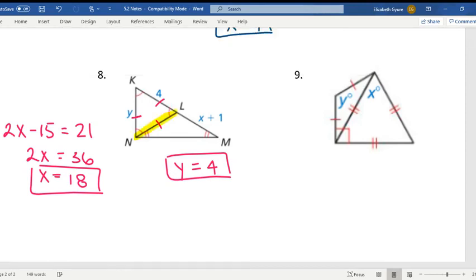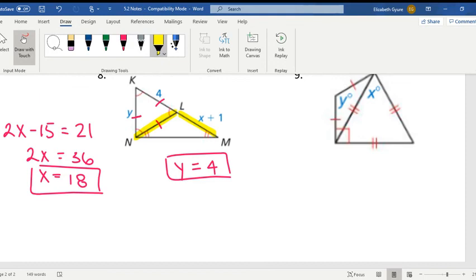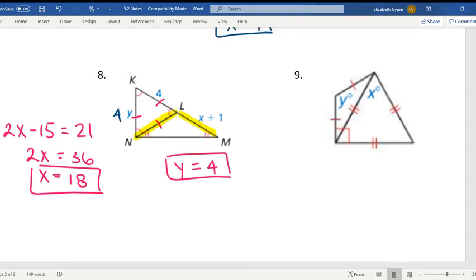So that means side LN is congruent to side LM. And aren't all these 4? If it helps you to do it, label all of them as 4, right? That one's 4, that one's 4. And if they're all 4, can't we just do x plus 1 equals 4? So that's how they got 3.